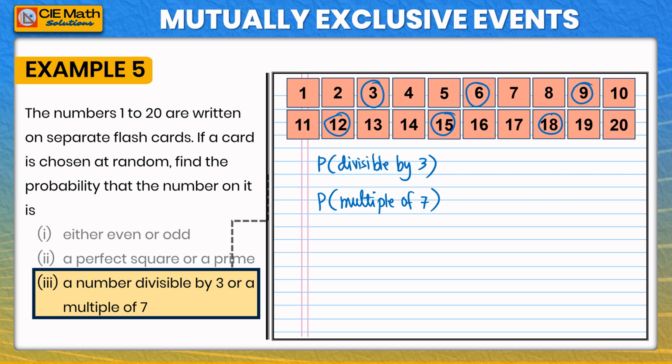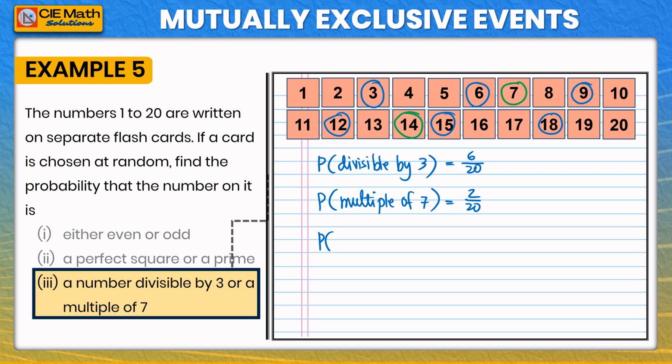So there are 6 of them. So we have 6 over 20. Multiple of 7 means that 7 times 1 is 7. That's the first multiple, followed by 14. No more. The next will be 21, but it's not included on the cards anymore. So that will be 2 out of 20.